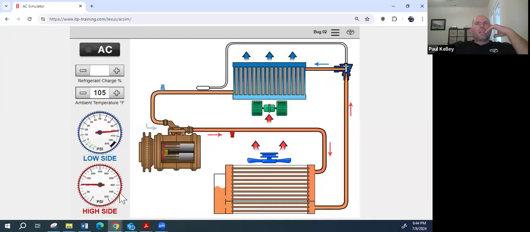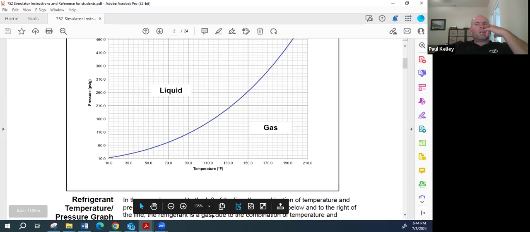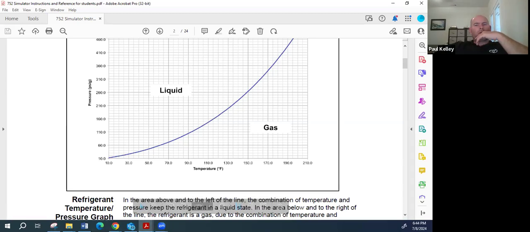So we could look at the static pressure. And remember, it's 105 outside, so these are like 101, 102. If we were to punch that into our chart, it's 105 outside. Let's do a little check here.